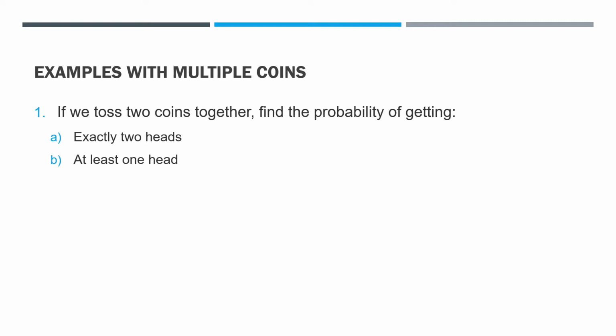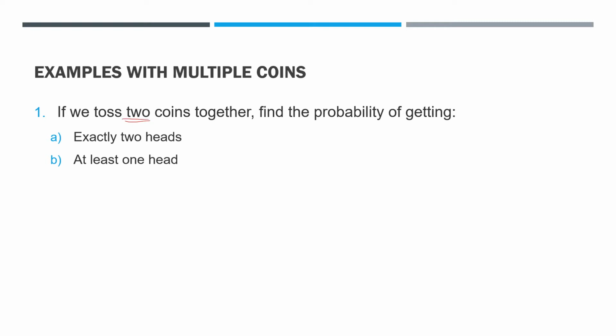Now let's take some examples and solve them. We have looked at one single coin earlier. Now let's look at tossing two coins. Let's say we pick two coins and toss them together. What is the probability of getting, there are two problems listed here, A and B. First problem is exactly two heads. Let's think over this. So we are going to toss two coins together.